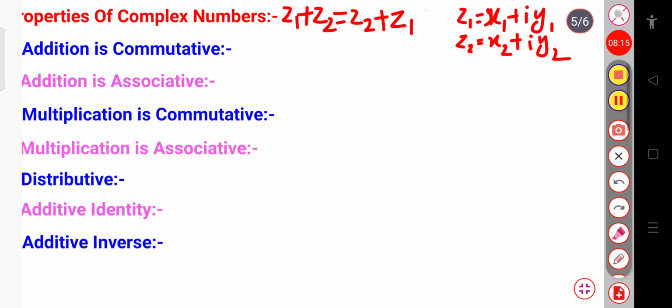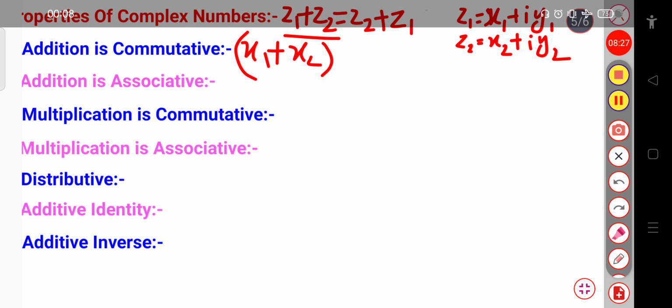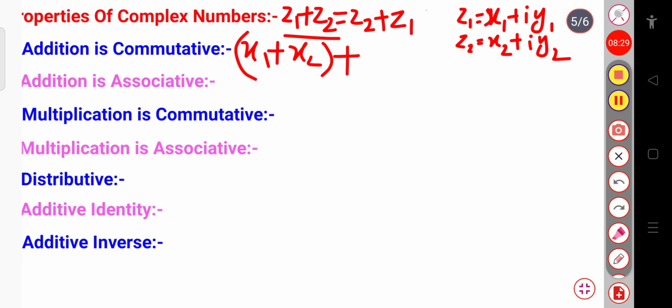Taking the left hand side, z1 plus z2 will be x1 plus x2, plus iota taking common, y1 plus y2, okay.